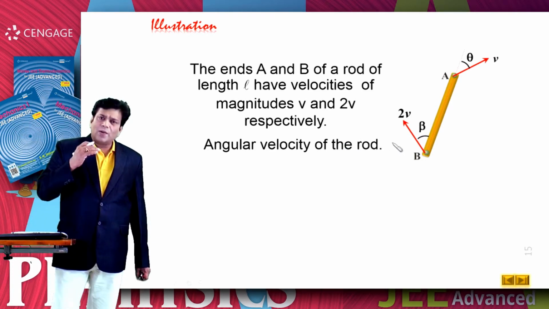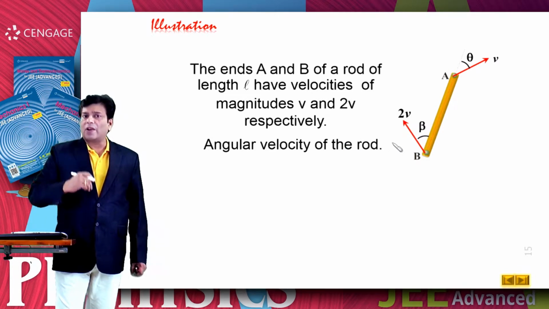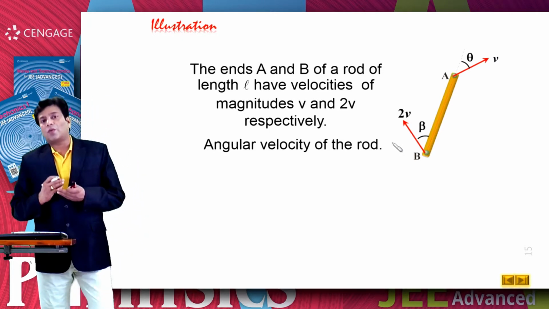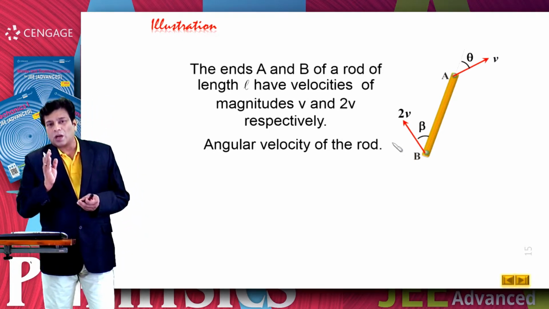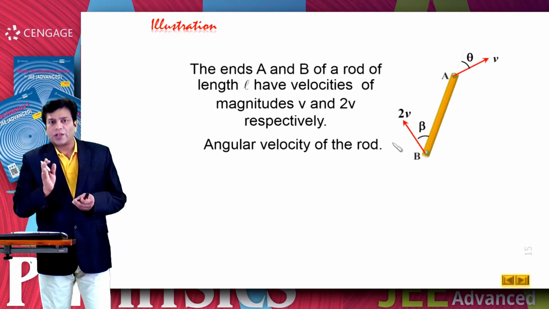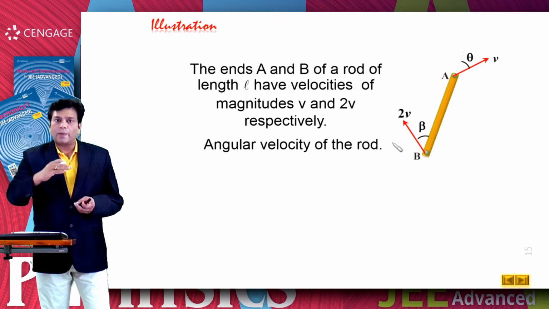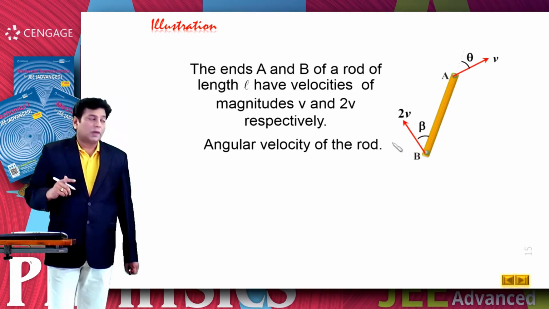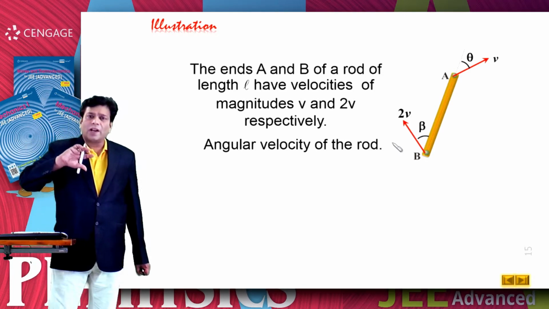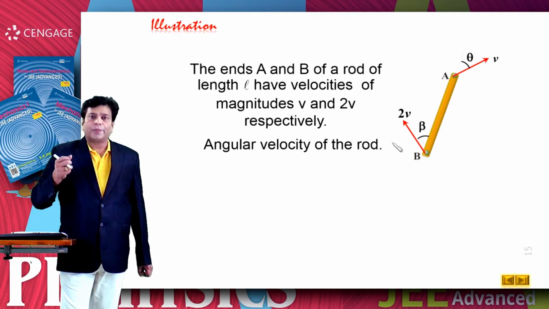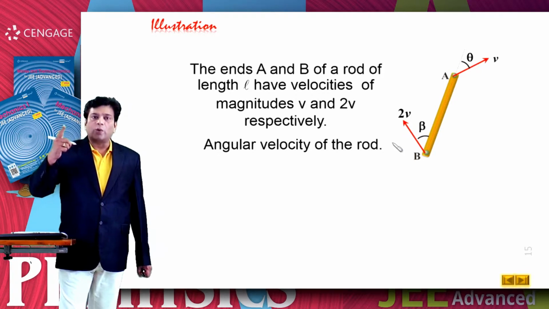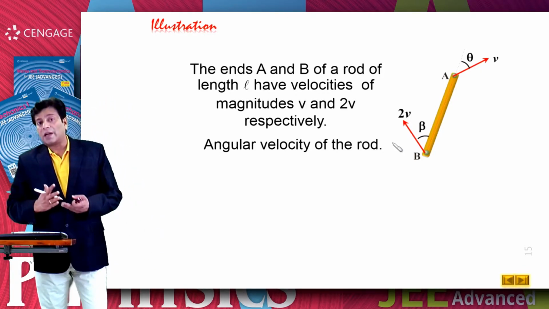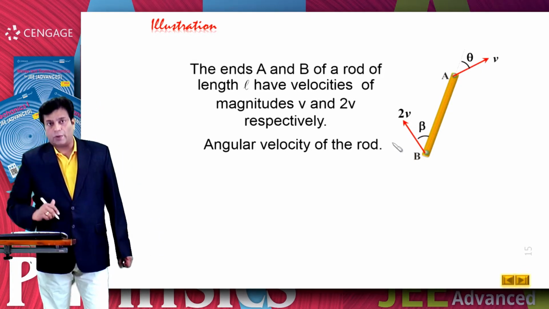Correct? And we know for finding the angular velocity, first of all, we need to draw the components of the velocity along the length of the rod and perpendicular to the length of the rod. And we know if we calculate the relative angular velocity of any point with respect to another point, that will be nothing but the angular velocity of the rigid body.